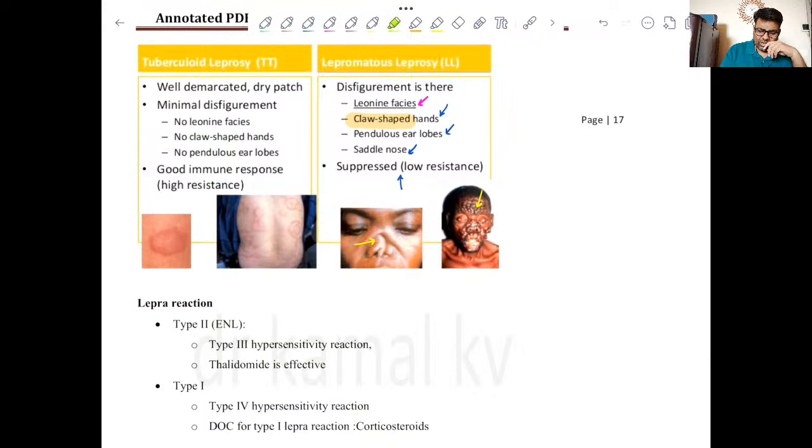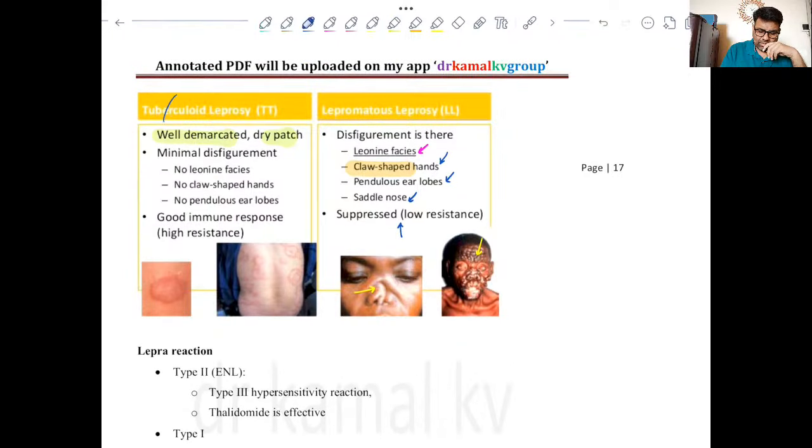Now tuberculoid usually presents with a single skin lesion. So there is a well demarcated dry patch, right? So in simpler terms, we can say it is a single skin lesion. But because of formation of granulomas in the nerve, there is loss of sensation, so there will be anesthesia.